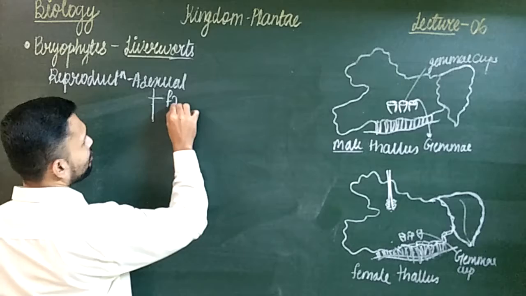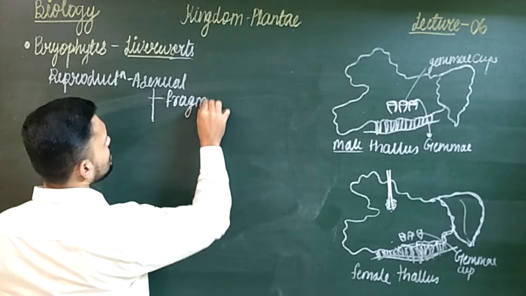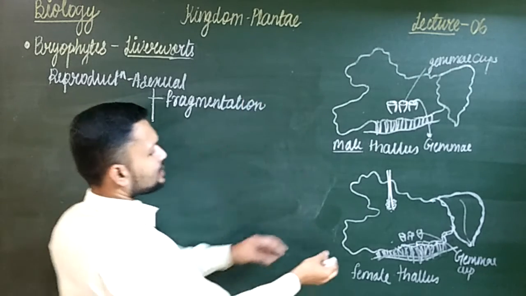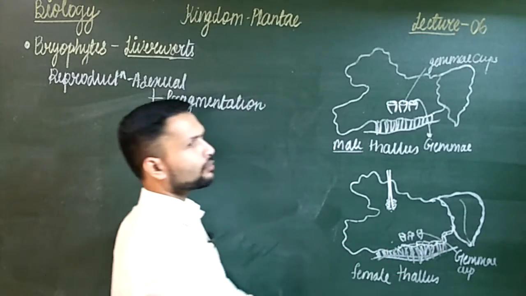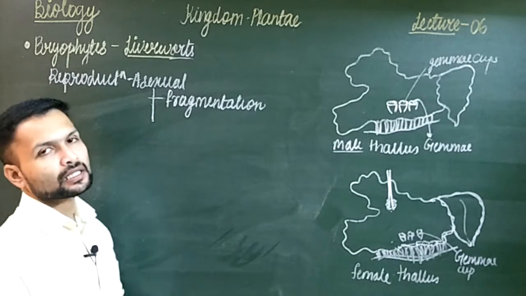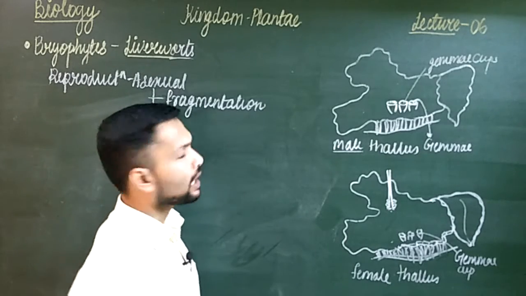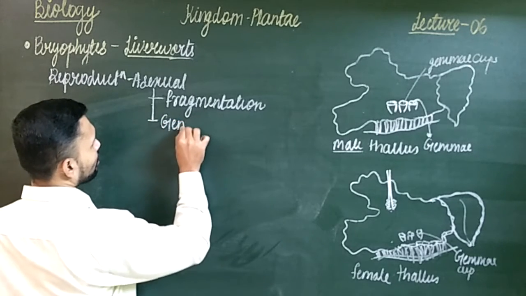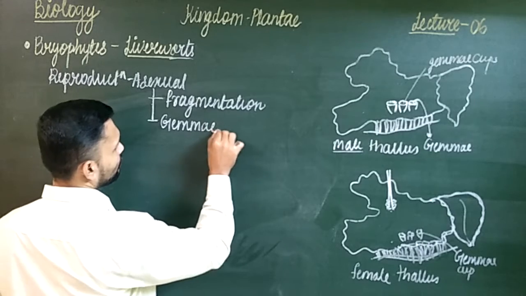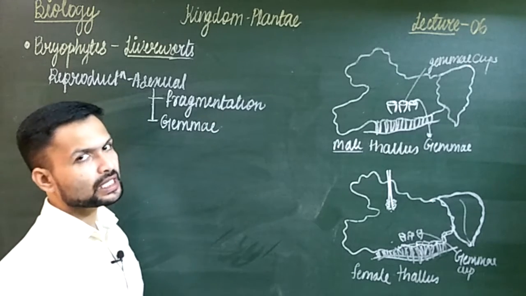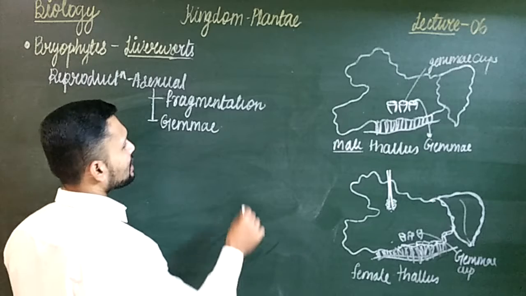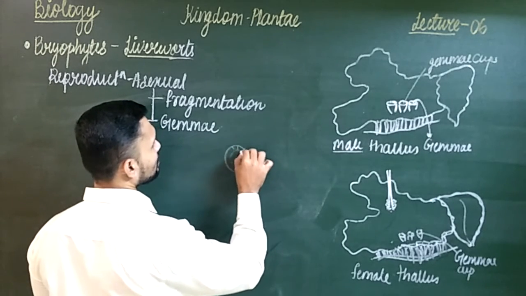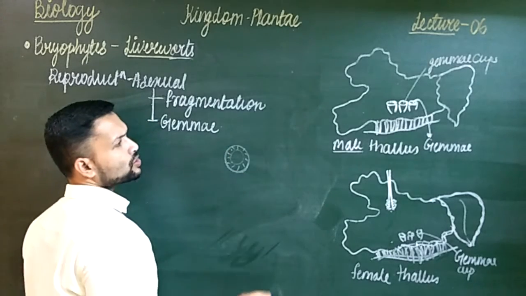One is by fragmentation. As we all know, if I make fragments of this plant body and put them again in moist soil, they can germinate back into the entire plant body. So that is fragmentation, we all know this. And a new method of asexual reproduction is formation of gemmae. तो स्पोर्स जैसे होते हैं ये डिफरेंट है, the center has cells and they are covered with a protective layer, so that is known as a gemma.